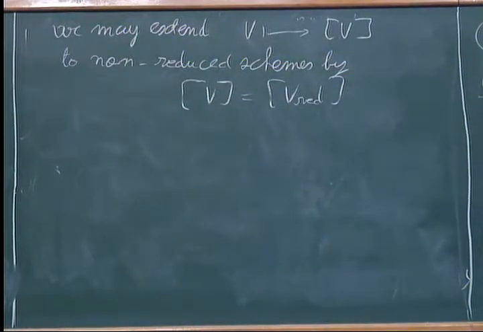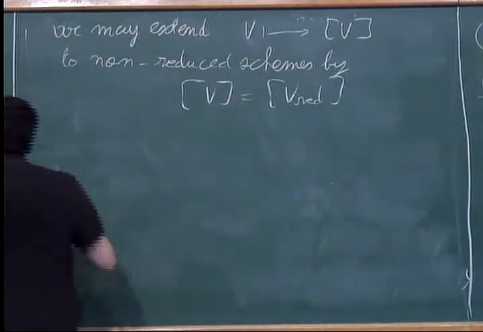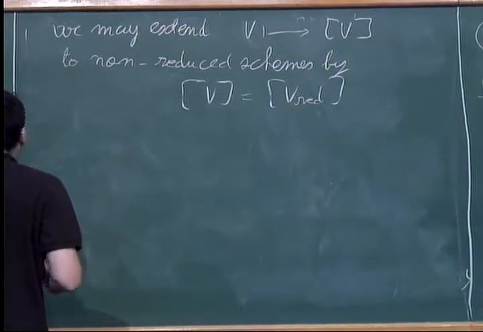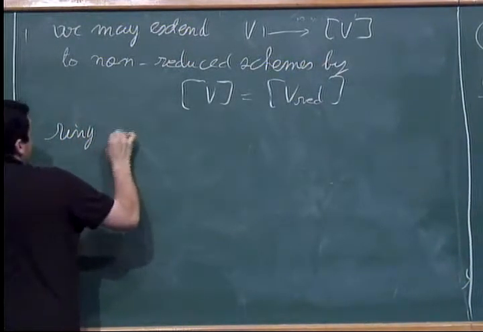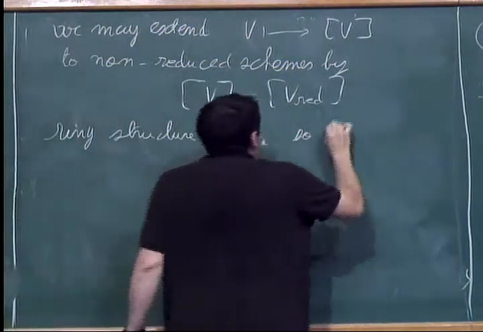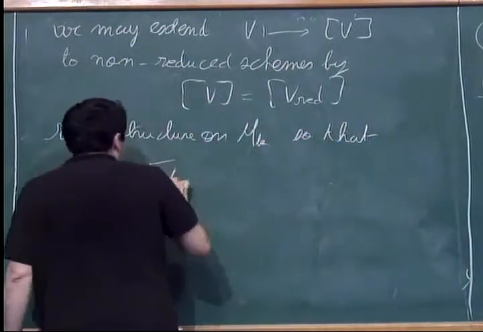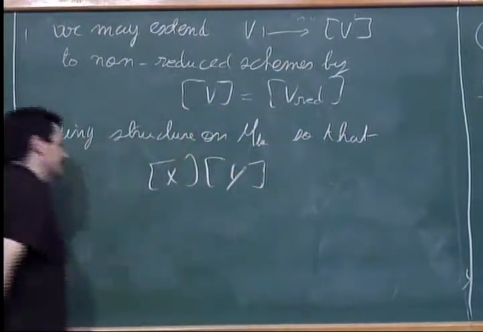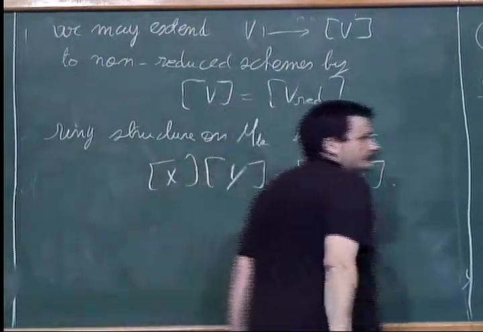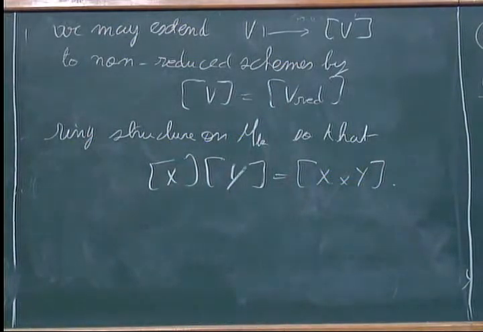In that way, it's possible to put a ring structure on M k, so that the product of the class of X and the class of Y is equal to the class of X times Y. Okay, so up to now I have some ring, but I'm still not able to do limits.